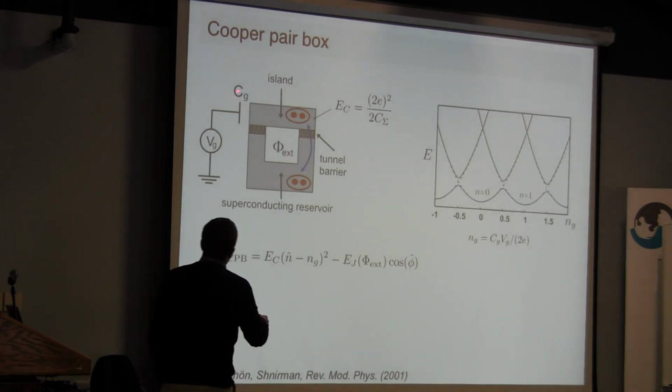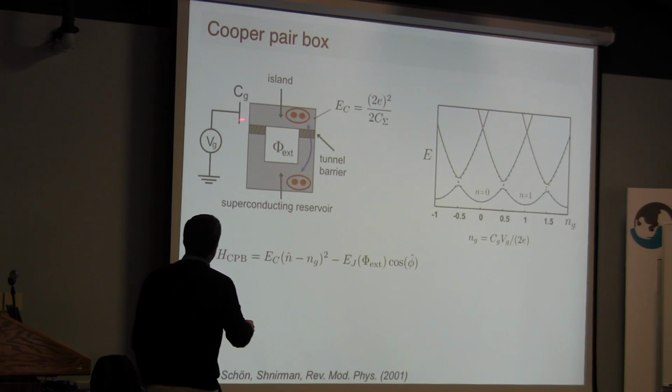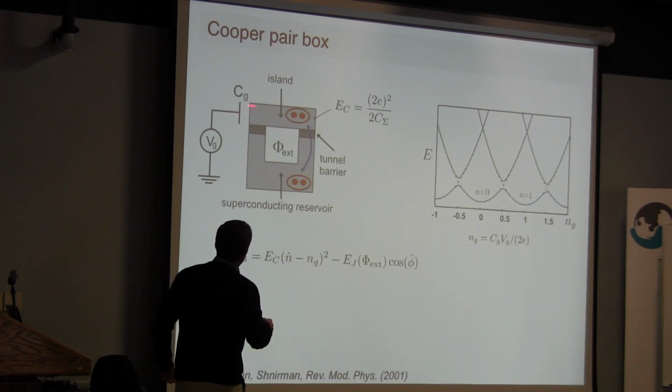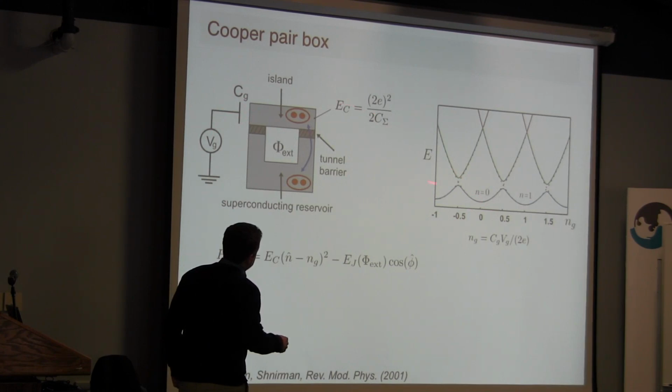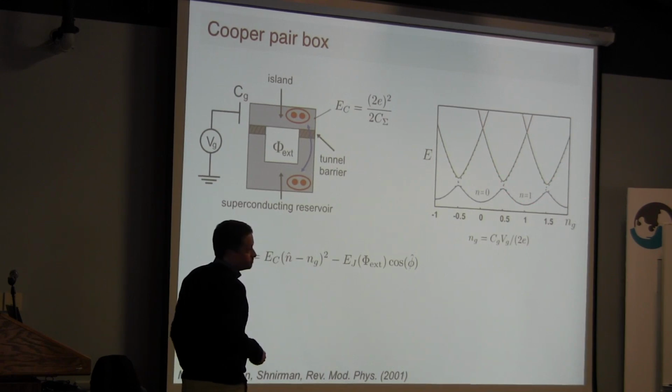In addition, I can have a gate charge, so I can bias this whole thing. If I change the voltage on the gate, first the energy of this Cooper pair will increase, but at a certain point it will be energetically more favorable for the next Cooper pair to come in, the energy goes down again, and so on.